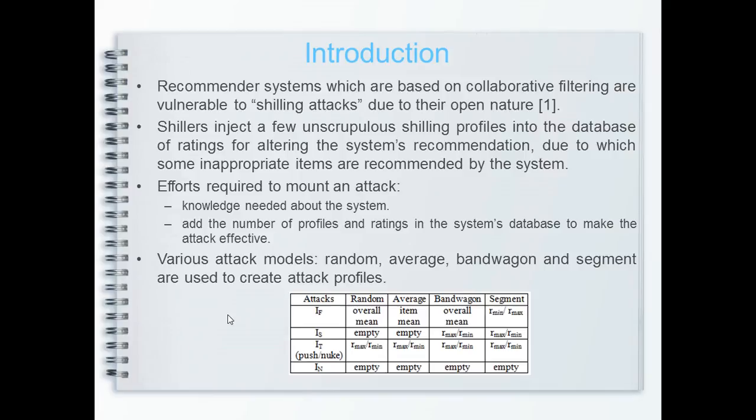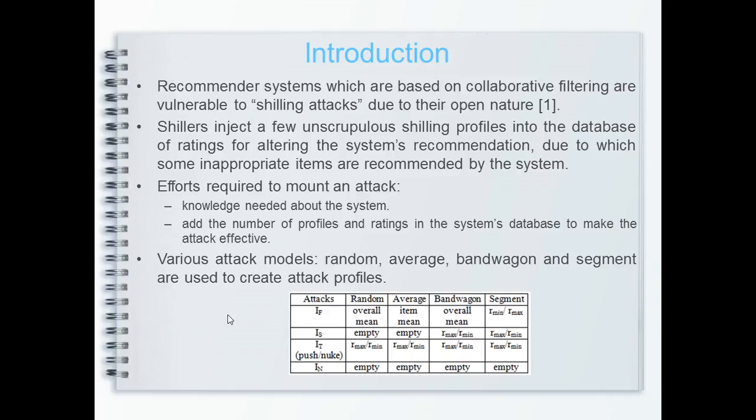In random attack model, overall mean rating is given to the items in IF set and maximum rating is given to the target items in case of push attacks, and minimum rating is given to the target items in case of nuke attacks.